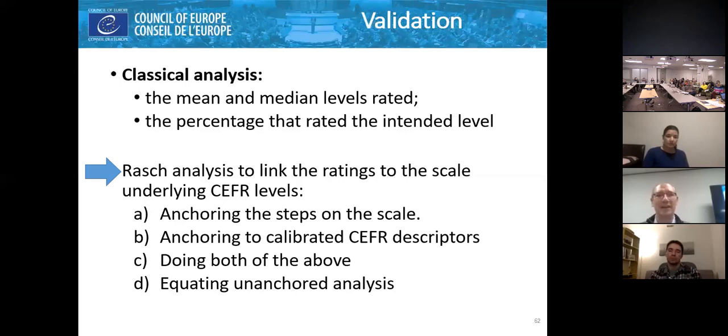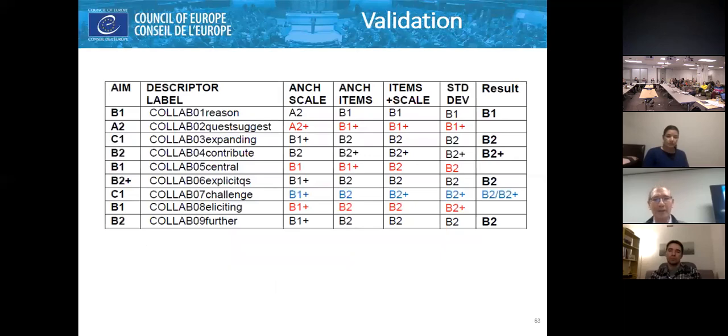And so we collected the information for each descriptor for the 4 methods: anchoring the scale, anchoring the items, anchoring both the items and the scale, and the one where you allow it all to move freely and then later, through this technique with standard deviations and means, you link the 2 together. The first one produced different results, so there's something wrong with it, it didn't work.